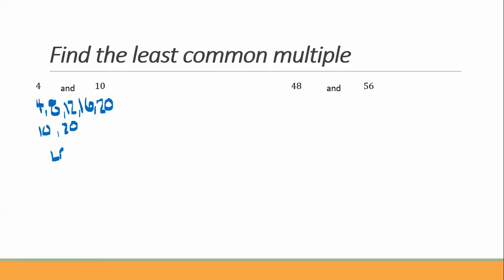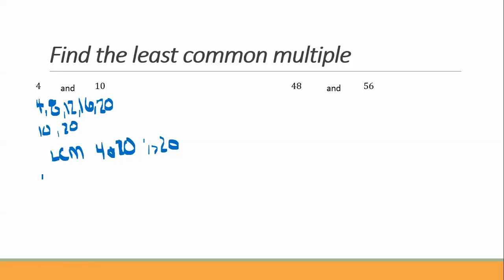So the least common multiple of 4 and 10 is 20. The problem is now if we want to find the least common multiple of 48 and 56, these are large numbers. So instead of doing it this way, there's another way to do it.